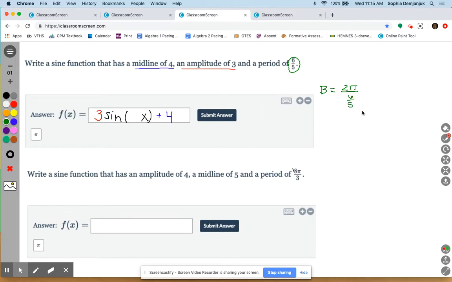And I would rather write, when dividing by fractions, it out: 2 pi over 1 divided by 6 over 5. And we're going to keep, change, flip. So keep the first fraction, change the division to multiplication, flip the second fraction.